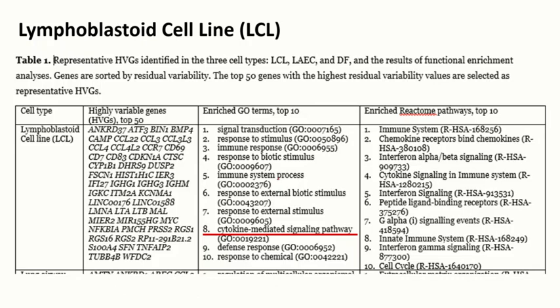This is true because lymphoblastoid cell line is a human B cell derived cell line, so itself is a B cell, basically. So this example tells you the function of those highly variable genes is associated with the expected function of that cell type.